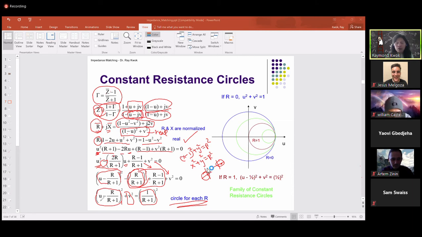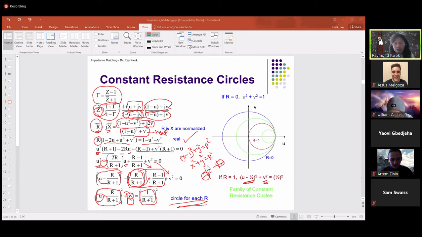The equation of a circle, with the horizontal axis as my x and the vertical axis as my y, and R is a constant, right? R is a resistance, a constant for fixed resistance. So let me look at if R is equal to 1. What does that mean? So I have U minus 1/2, square, plus V square is equal to R, which is 1.